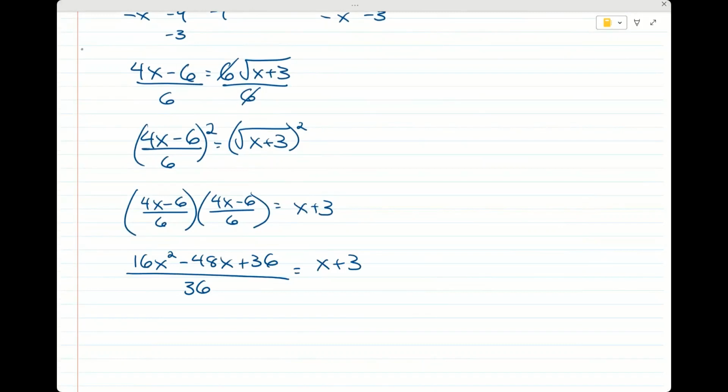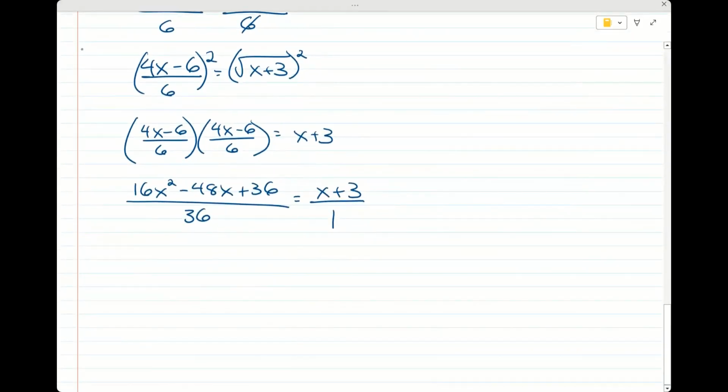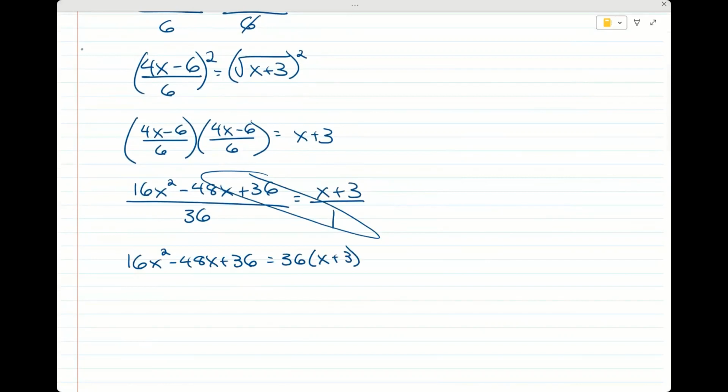The way we could finish is multiply everything by 36, or we could go ahead and make it a proportion and cross multiply. So this is kind of a long problem, but it is what it is. 16x squared minus 48x plus 36 times 1 is equal to 36 times x plus 3.